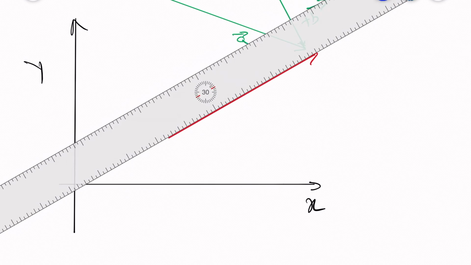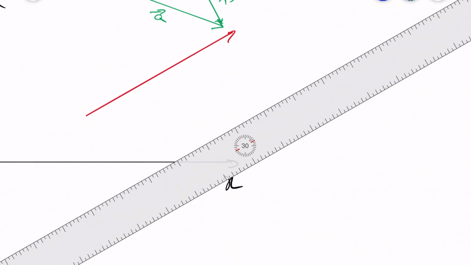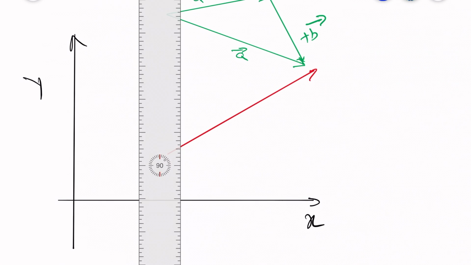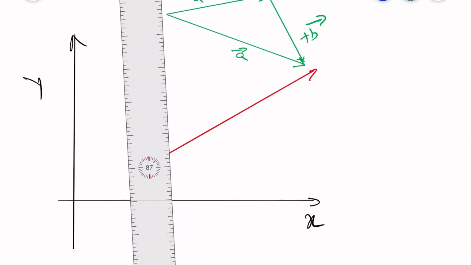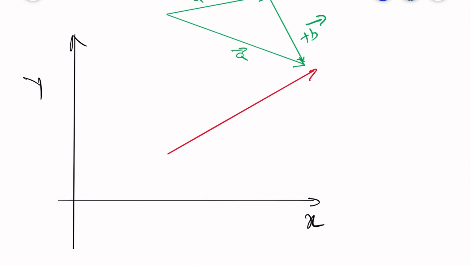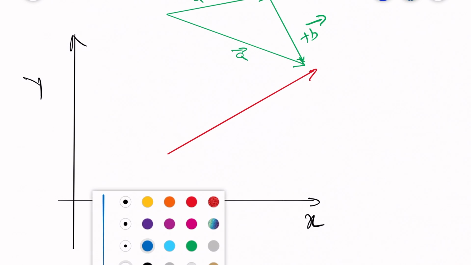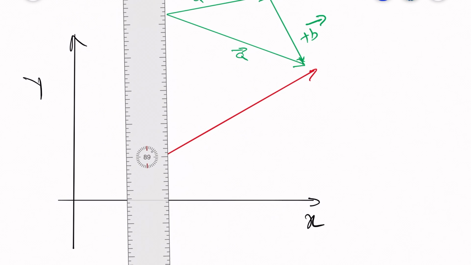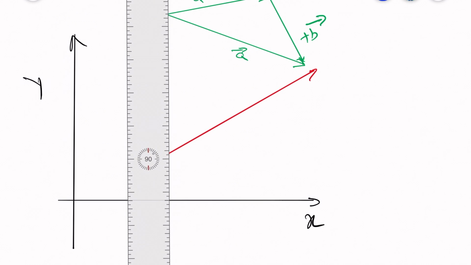So, for example, if we were to find the x axis projection of this vector, we will draw lines perpendicular to x axis. Let us take a slightly thinner line. Let us make it 90 degrees.